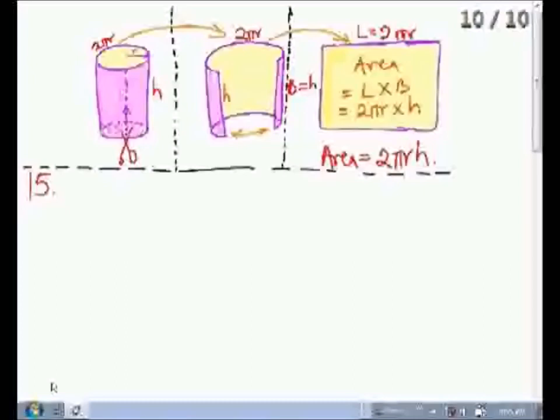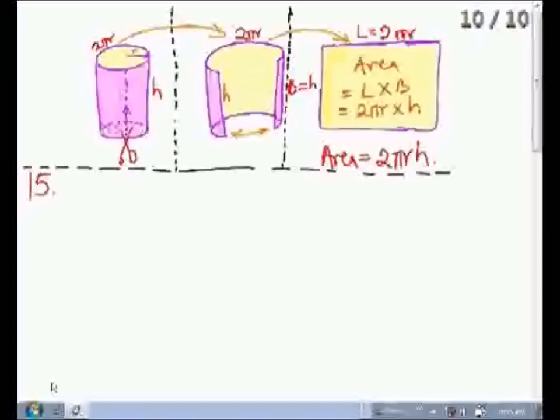That is, here in this rectangle, the length is 2 pi r. And that breadth B of this rectangle used to be the vertical height h of this original cylinder. That is, our B for breadth is the height here. Therefore, the required CSA of this cylinder shall be the area of this rectangle.